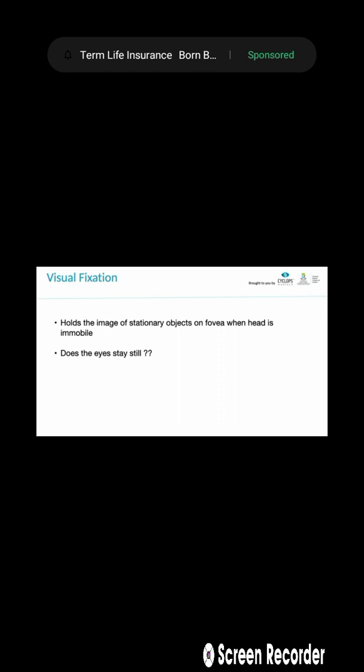If you recollect from my earlier lecture, the vestibular system holds the image during a brief head movement, and the optokinetic system holds the image on the fovea when there are sustained head movements. But the visual fixation system holds the image on the fovea when the head is immobile.